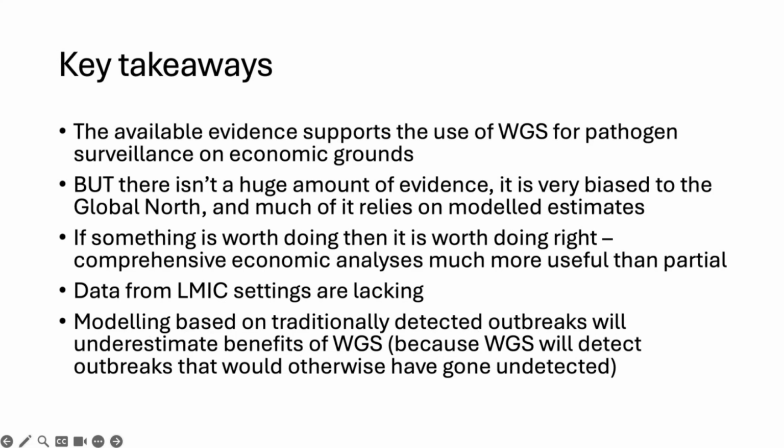For example, some of the hospital data that fed into these analyses was looking at outbreaks that they had detected by a variety of non-sequencing based means, and using the data from those outbreaks to model the costs and cost savings had whole genome sequencing surveillance been available.